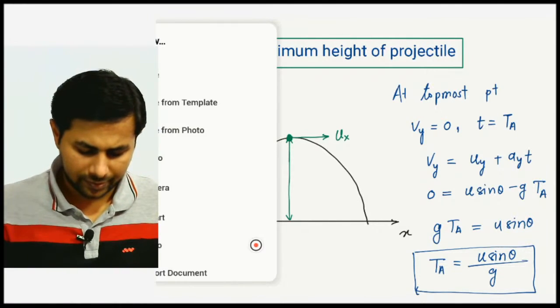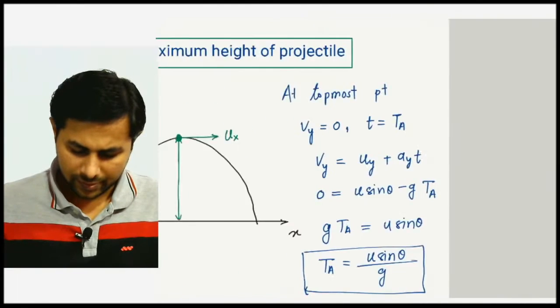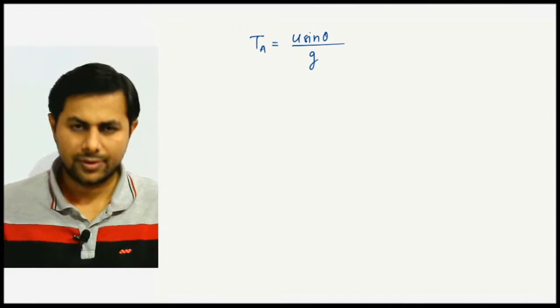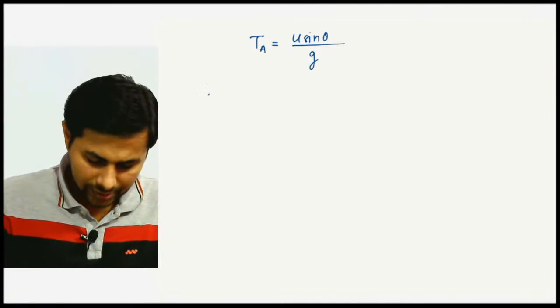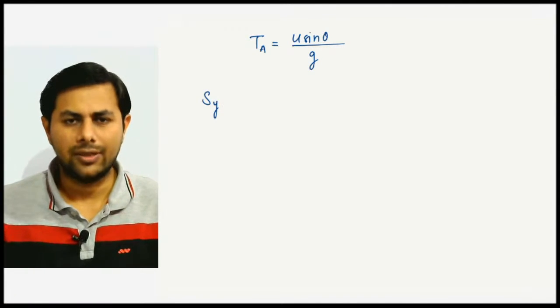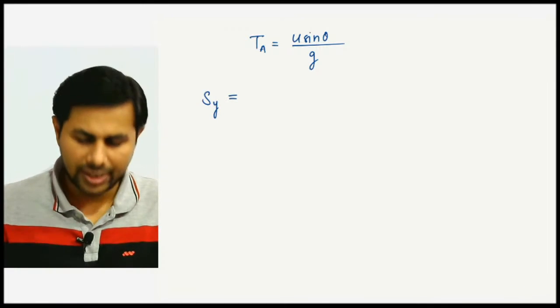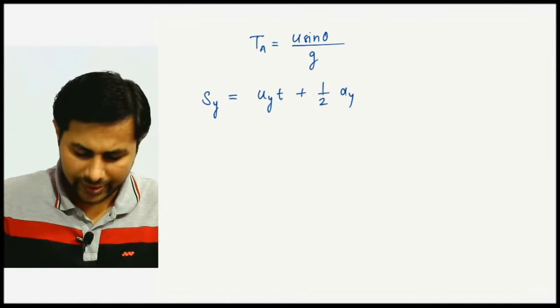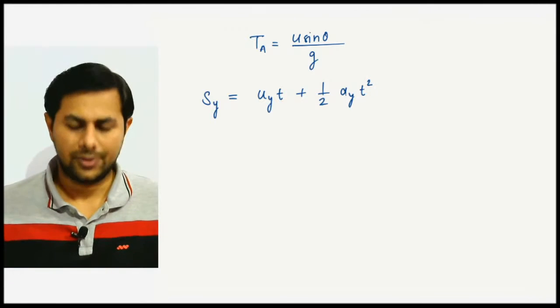Then let's substitute this Ta equals u sin theta over g into the second kinematic equation. So the second kinematic equation is Sy equals uy times t plus half of ay times t squared.